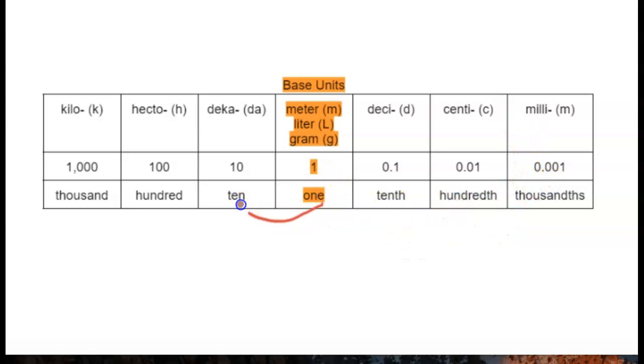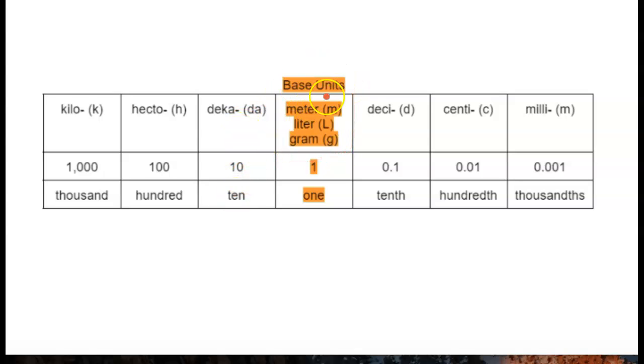So you move up and down by powers of 10. If you get here, you could have a kilometer, kiloliter, or a kilogram, and that would mean you would have 1,000 of any one of these.